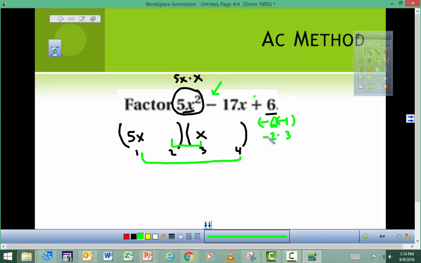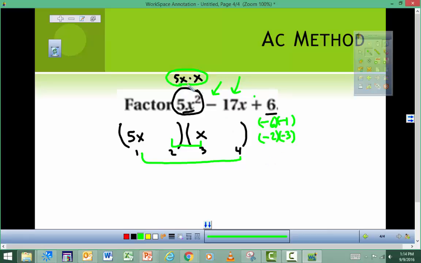And we can take negative 2 and multiply it by negative 3, okay? Now here's the deal. We still have to get negative 17 somehow. Okay, but you have to use this pair of numbers also. You see? This pair of numbers has to combine somehow with that pair of numbers.